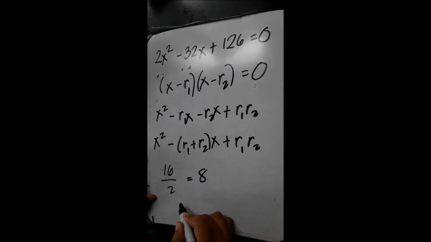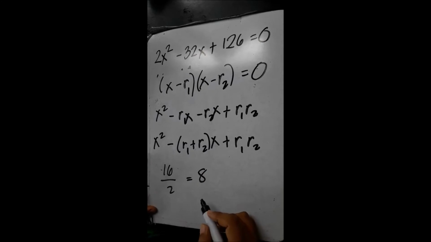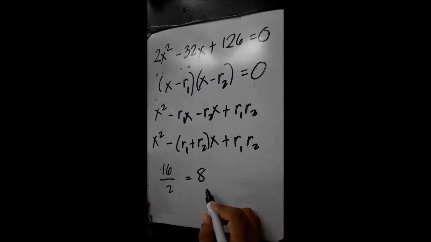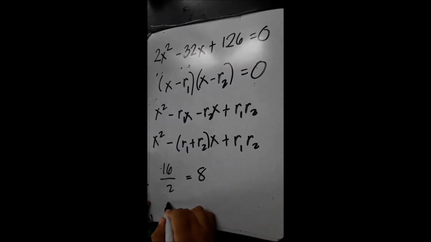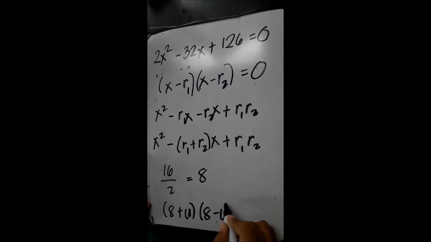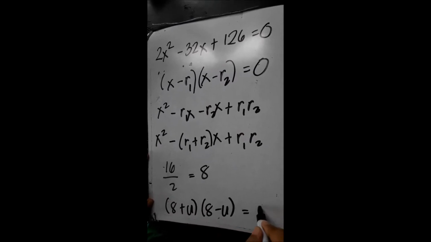And after this, we add and subtract a certain distance, that is 8 plus u, and the other one is 8 minus u, and this is all equated to 0.